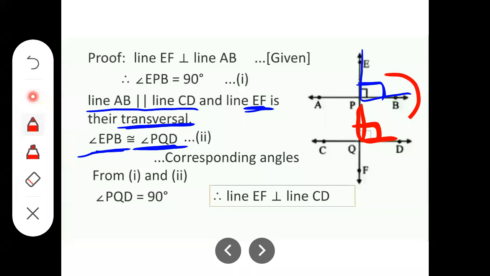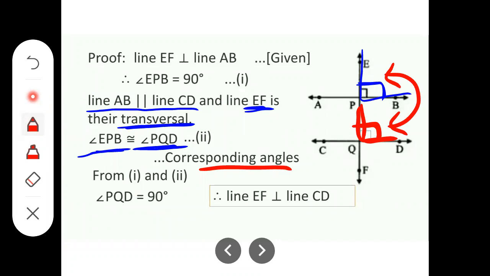This angle and this angle will be congruent to each other. Why congruent? Because those are corresponding angles. As the lines are parallel along with their transversal, that will be one of the pairs of corresponding angles.